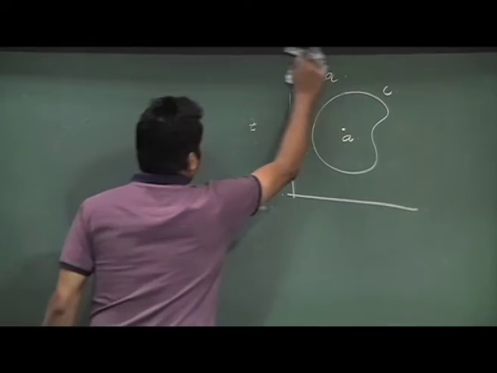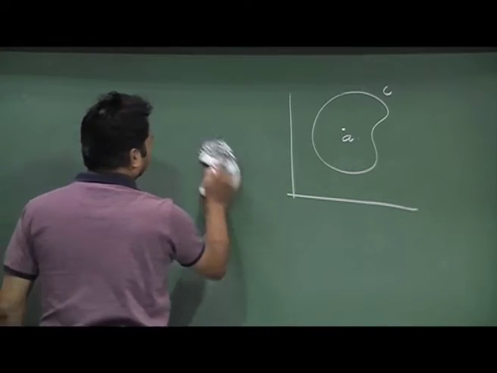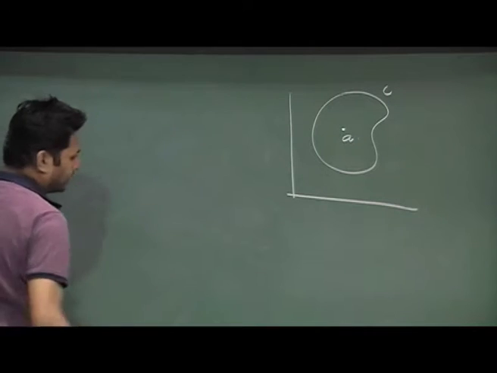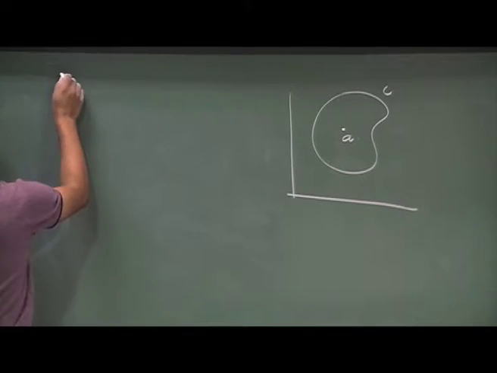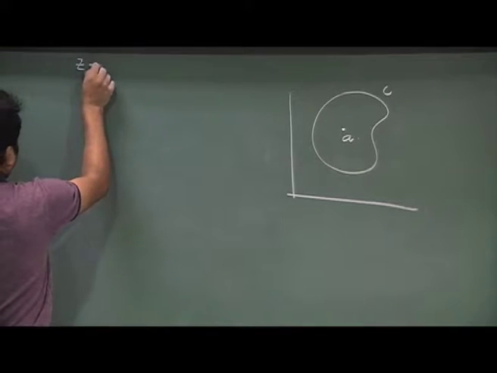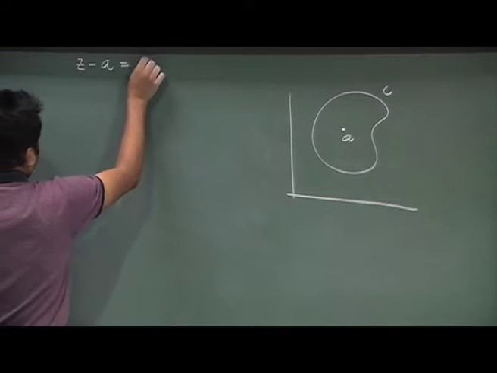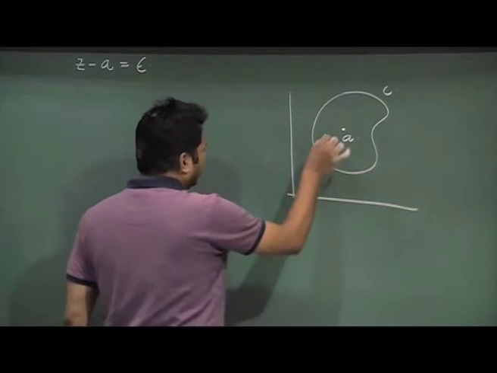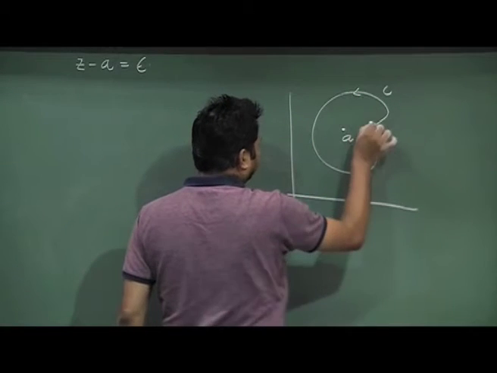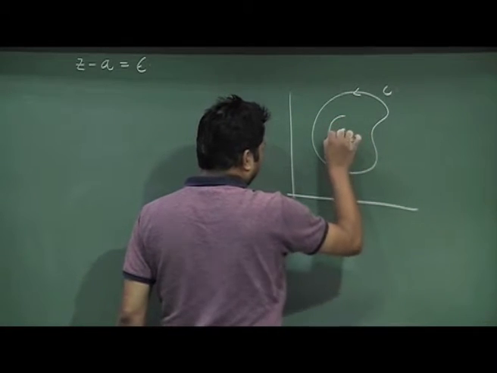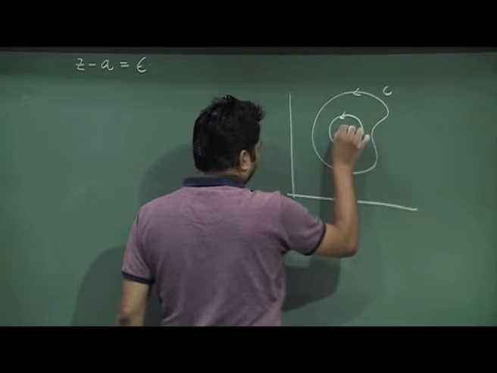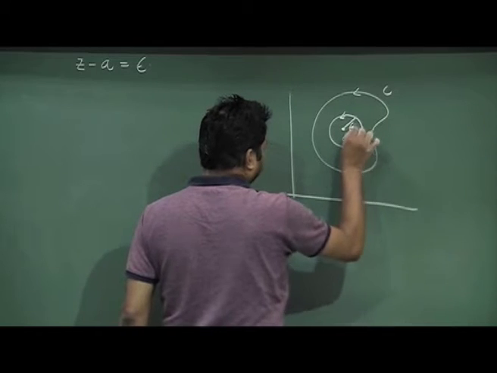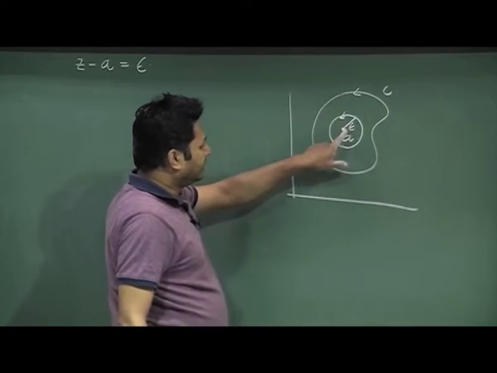Now let us try to prove it quickly. Let me put this figure here and try to prove it. Again z minus a, I put this integration over C, and if I draw a closed circle here with radius epsilon, these two integrals are the same.